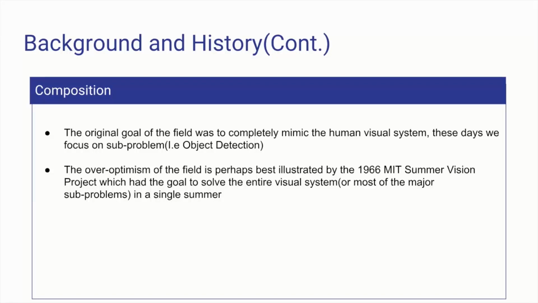He seems to come up everywhere in the early years of AI, but some of his PhD students grouped together and tried to break down the human visual system into sub-problems with the eventual goal of completing it by the end of the summer. And obviously that did not happen.